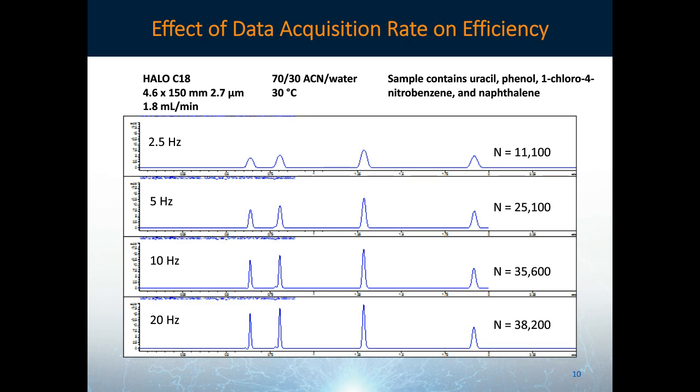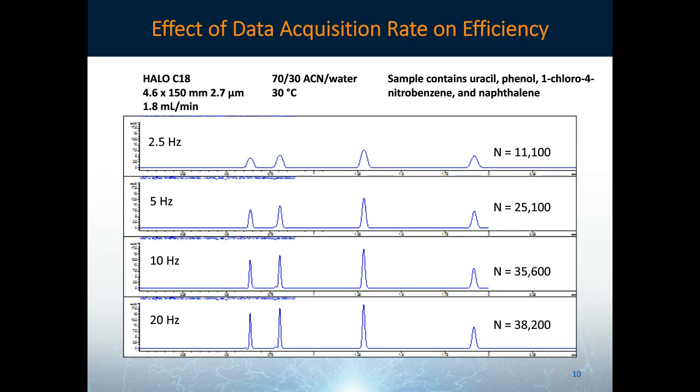And what we're measuring is the efficiency of the last peak, which is naphthalene. So we start out with sort of broad looking peaks at 2.5 Hz and plates of 11,100. Just by doubling the data acquisition rate to 5 Hz gives a huge increase in plates, and you can see they go up more than double to 25,100.